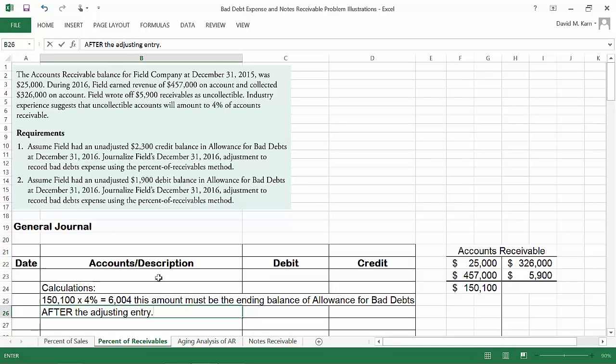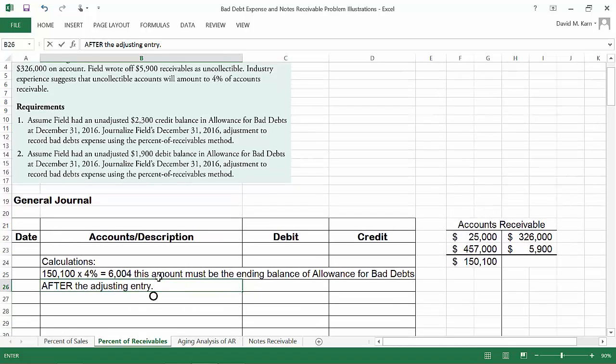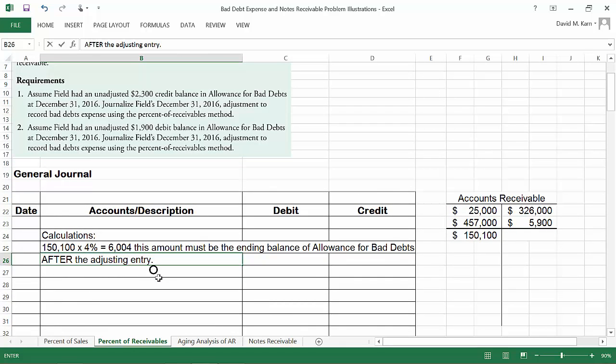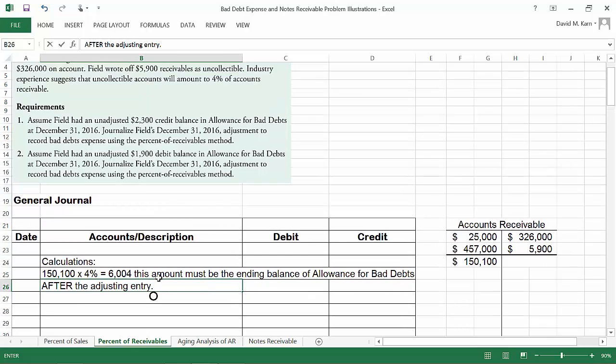So this confuses a lot of people. What we want to be careful of here, and the best way to look at this, is to set up T accounts so that you get this correct and you don't get the adjusting entry wrong.